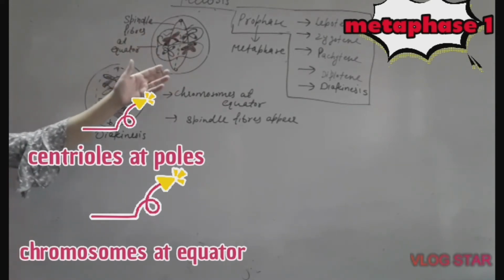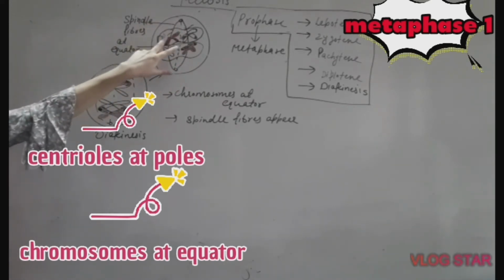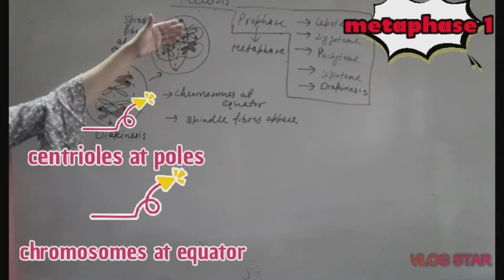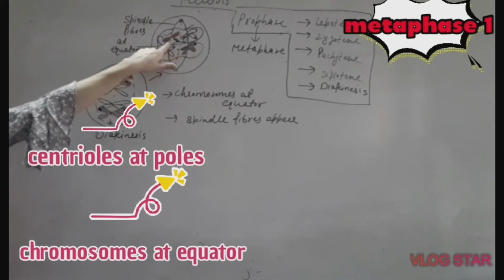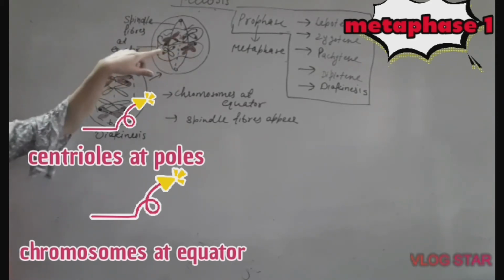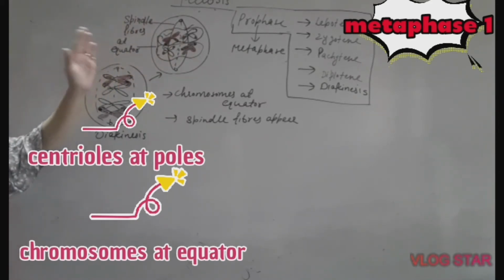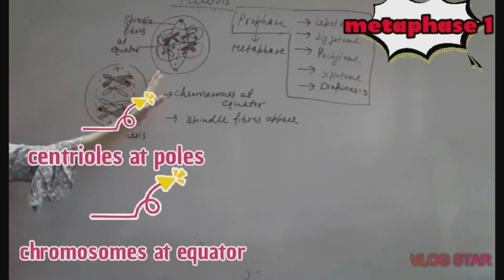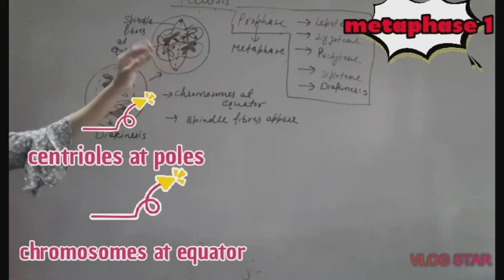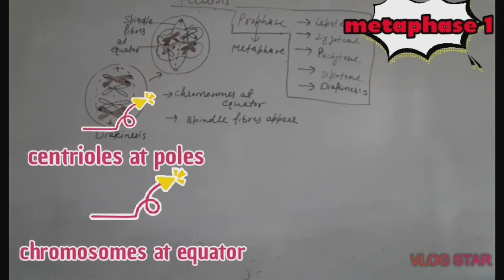Because this is not equal, it is random. Two similar chromosomes can be either on the same side or on opposite sides. Like I have drawn two red on opposite sides and two white-black ones on another side. Because the arrangement of chromosomes when they arrange themselves at the equator is unequal, this is random.